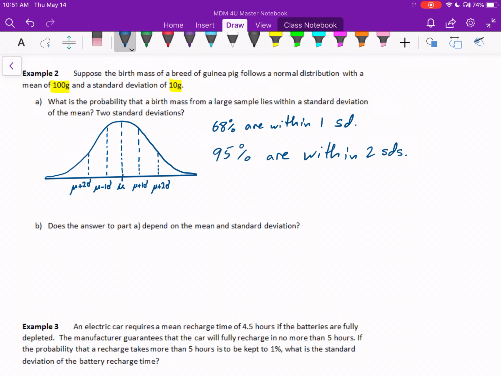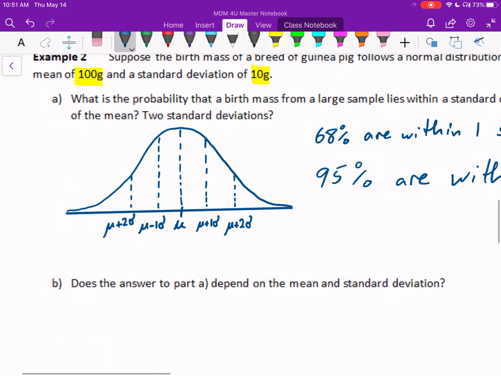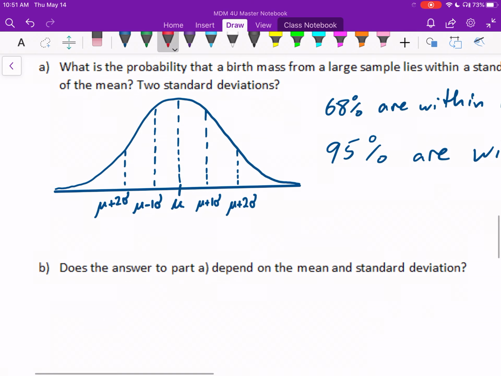So how do we incorporate the 100 and the 10? Well, again, as far as answering this question goes, they don't matter at all, and it doesn't matter that they're guinea pigs. In this case, 100 would go here for the mean. Mu plus 1, this one here, just means 100 plus 10. So 110.